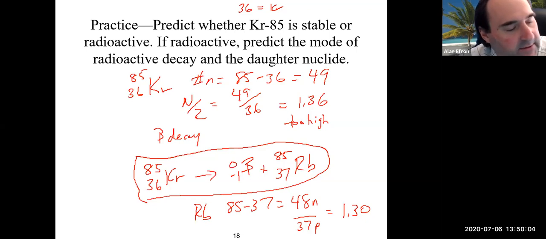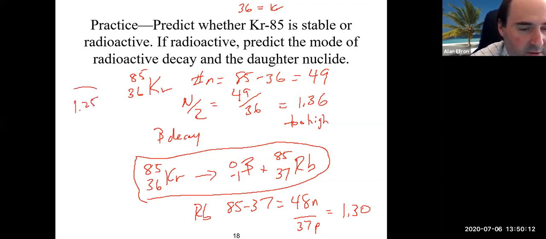And this illustrates what I was saying earlier: it may not perfectly hit that ratio. Remember, 1.25 was a good ratio, but we started at 1.36, which was higher. Now we've moved down to at least 1.30, and we're at least heading in the right direction, downward to that more acceptable ratio. Any questions on that?